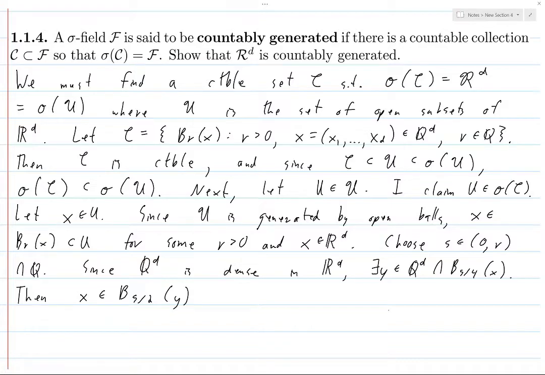So therefore X is in the ball of radius S over 2 centered at Y. And Y is an element of Q^d and S over 2 is a rational number, and so this is an element of C.